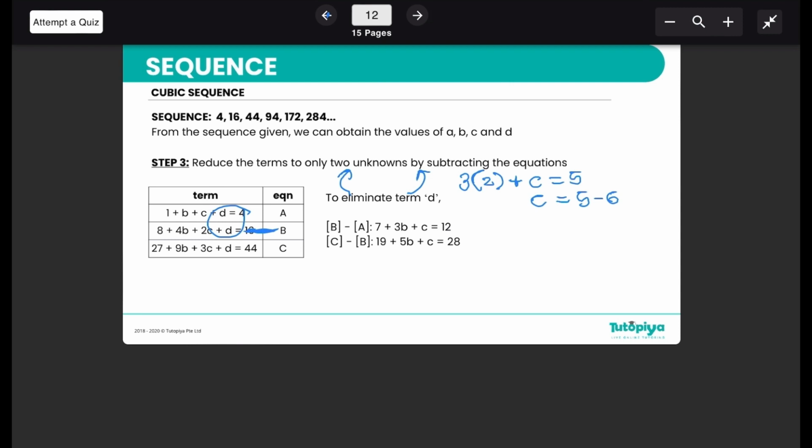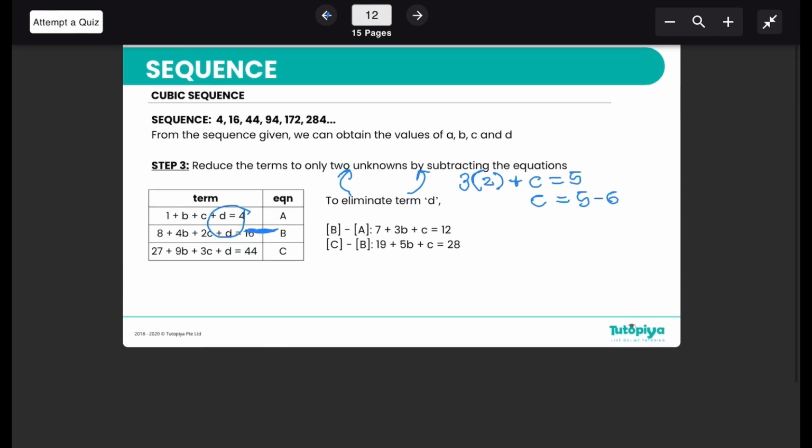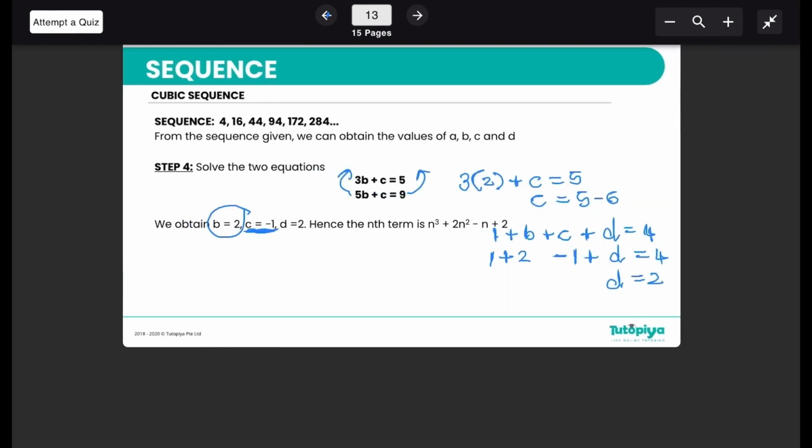So you can take 1 plus b plus c plus d is equal to 4. We already know that c is negative 1 and b is 2. Using those numbers, we find that d is equal to 4 take away 2, which is 2. And that is how they have obtained the value of d here.